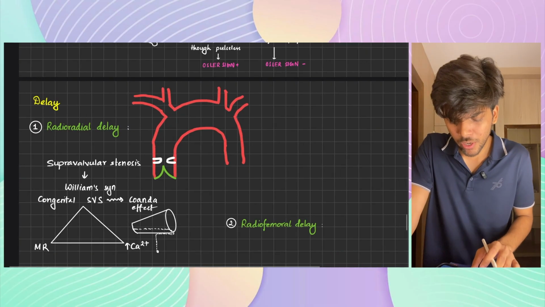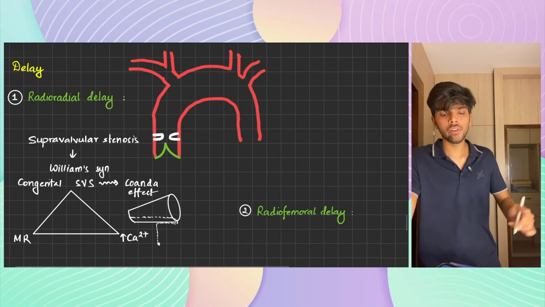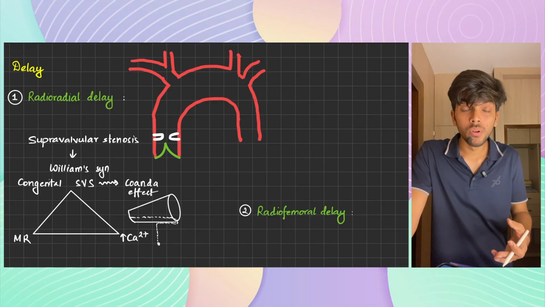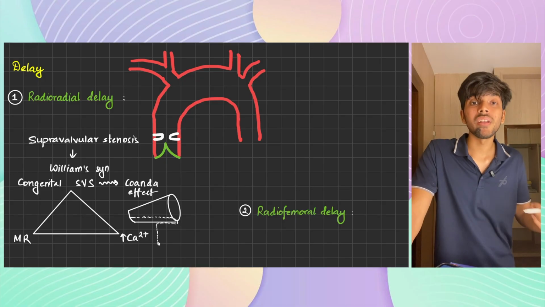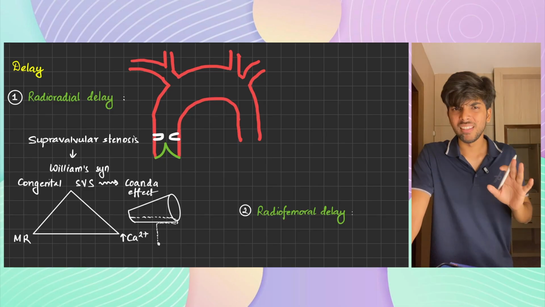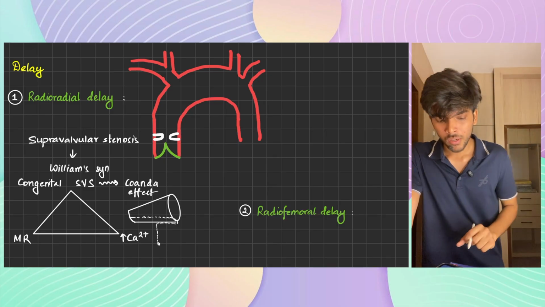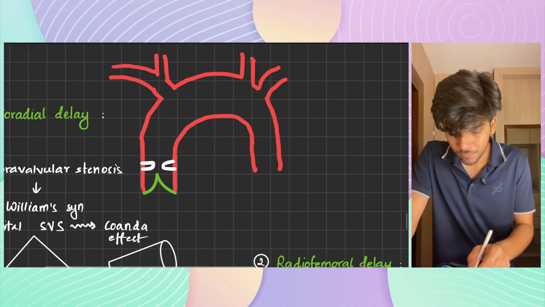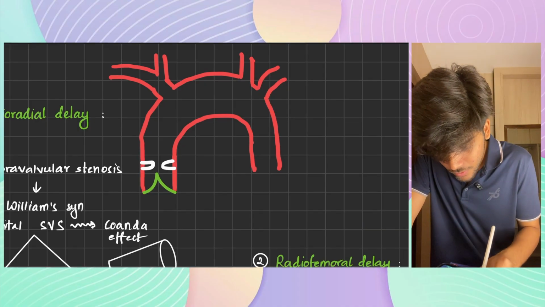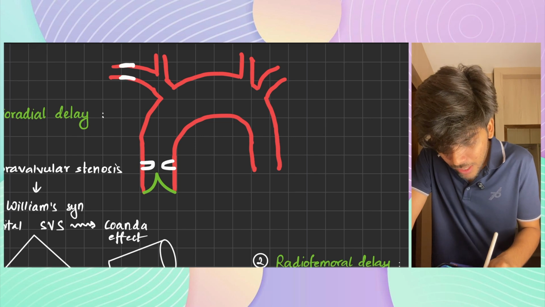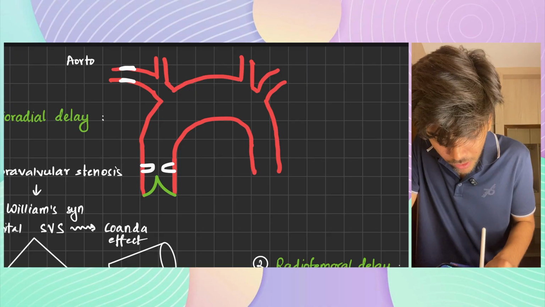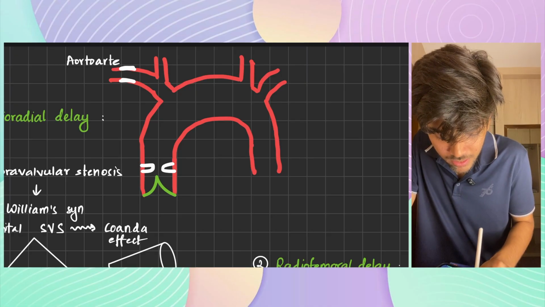Another thing that you need to know is that all the causes of radioradial delay and radiofemoral delay will also lead to a difference in blood pressure in the upper limbs and a difference in blood pressure between the upper and lower limb. I think that's quite logical. Okay, second is aortoarteritis. Let's say this subclavian artery has aortoarteritis or Takayasu syndrome, same thing, also referred to as pulseless disease.